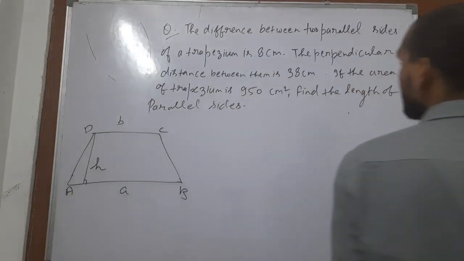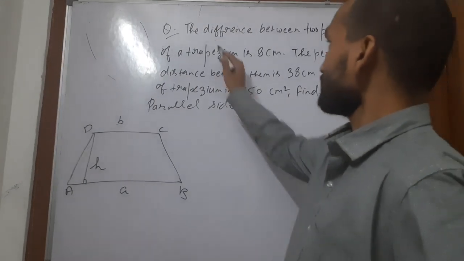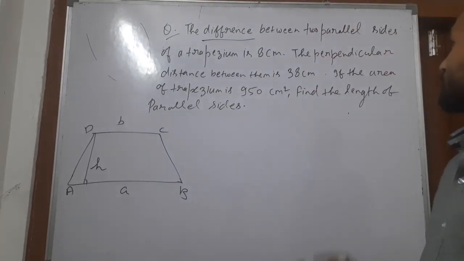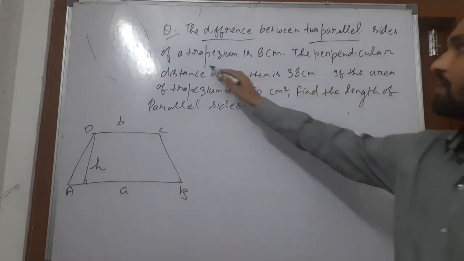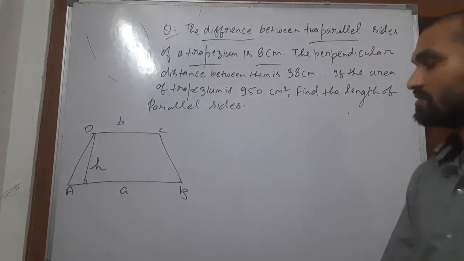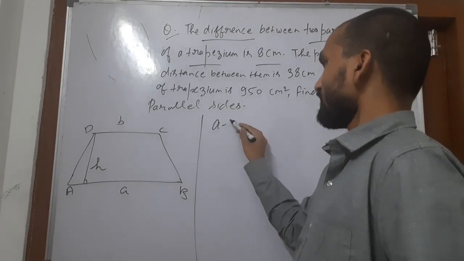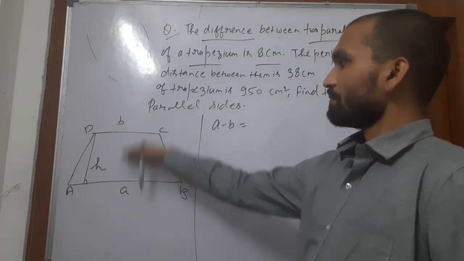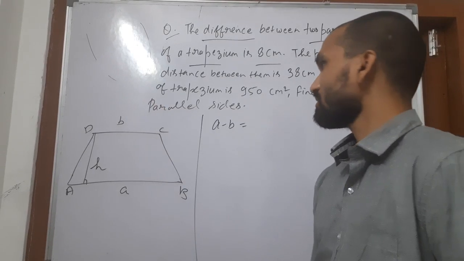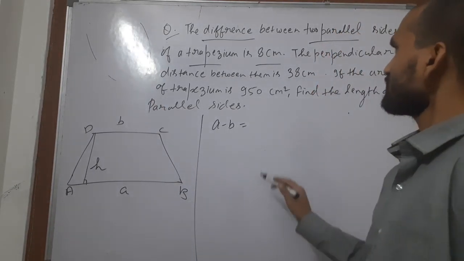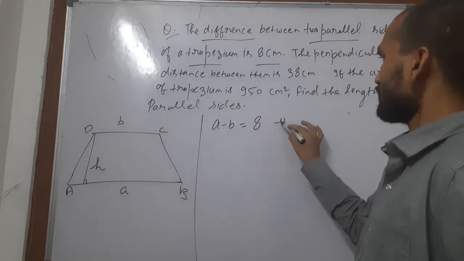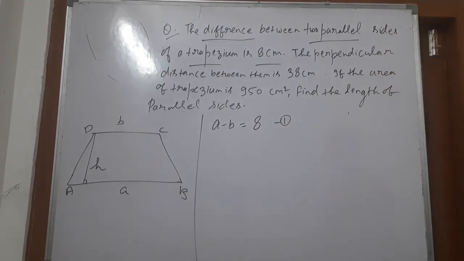So, as per given in the question, the difference between two parallel sides of trapezium is 8 cm. Means, according to this question, what will be a minus b? a minus b will be the difference between two parallel sides. This is 8, so it's equation number 1.